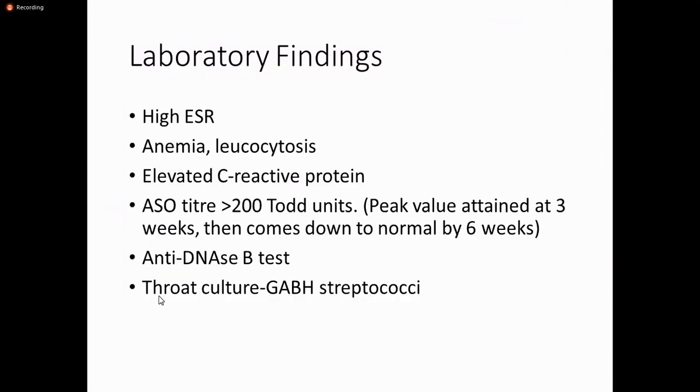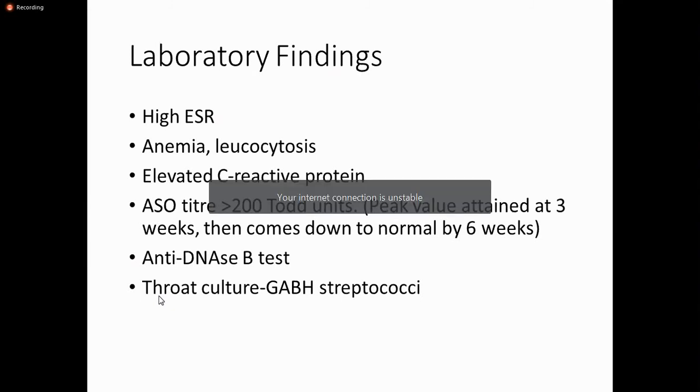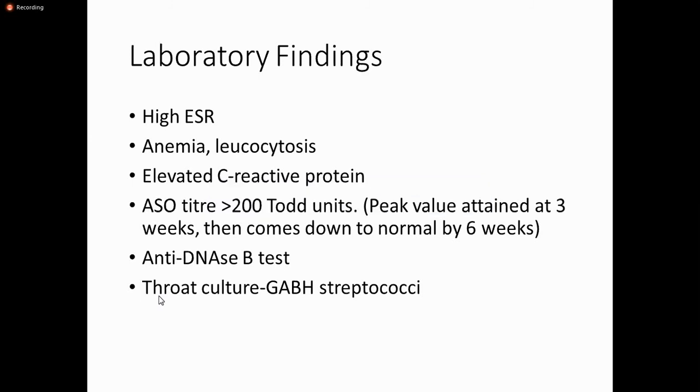So in the laboratory, how are we going to diagnose if we suspect pericarditis or rheumatic heart disease? We should go for the relevant parameters. We can go for the ESR, which shows a high ESR. There is anemia and leukocytosis, because it is an acute phase disease. There is elevated C-reactive protein, and then go for the ASO titer, which is more than 200 Todd units.